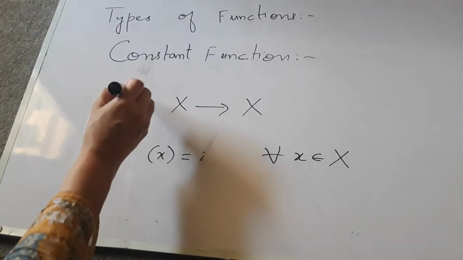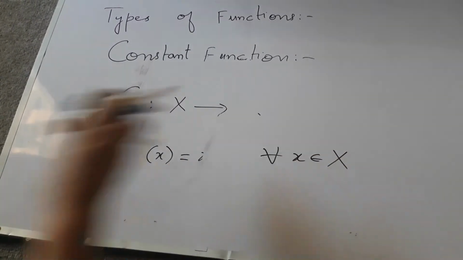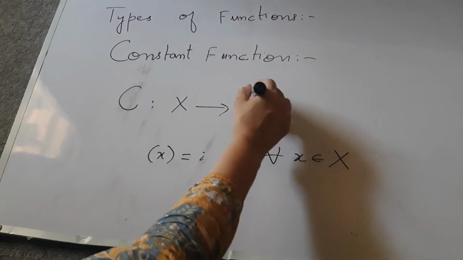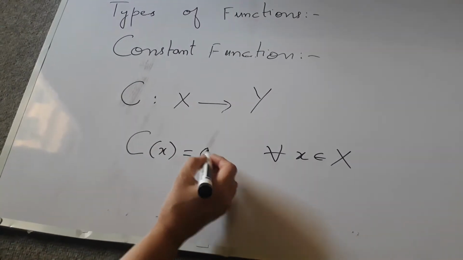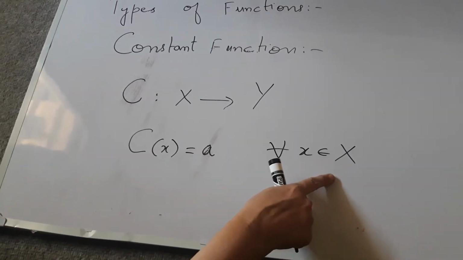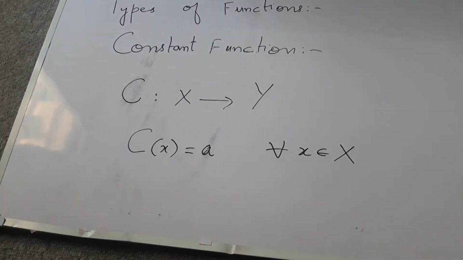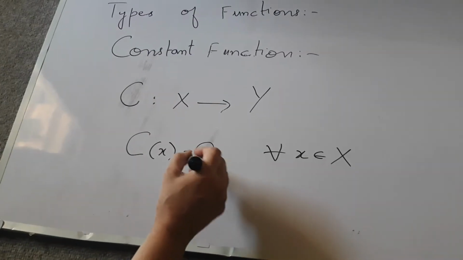Constant function is denoted by C and this is a function from set X to set Y, defined as C of x is equal to a constant for every x belonging to X. A may be any constant.